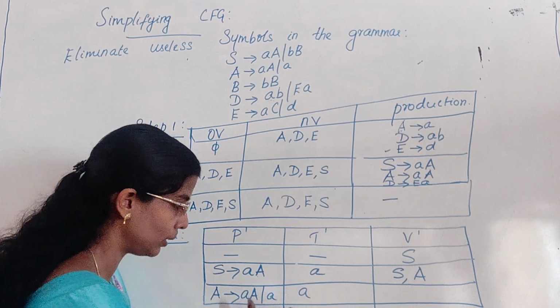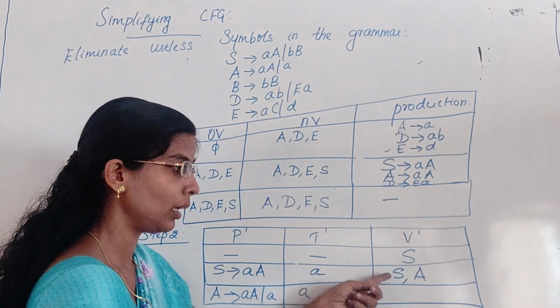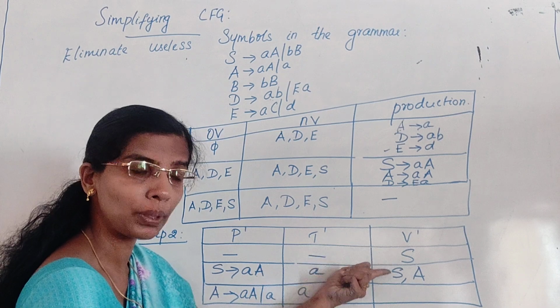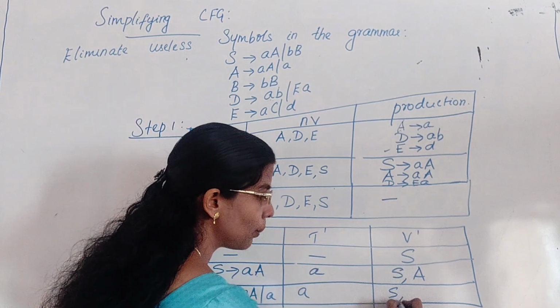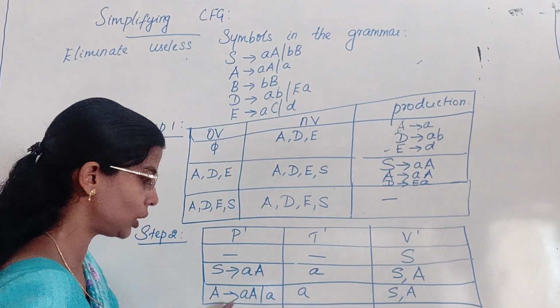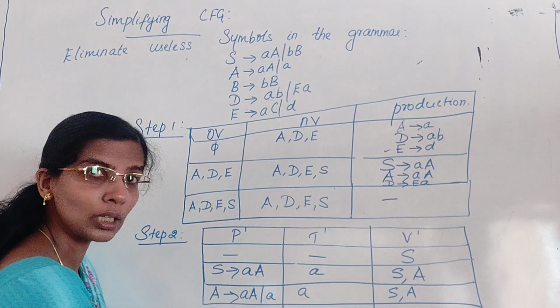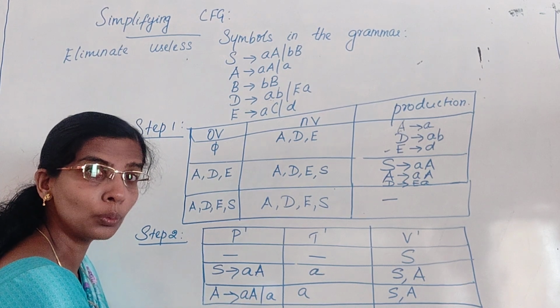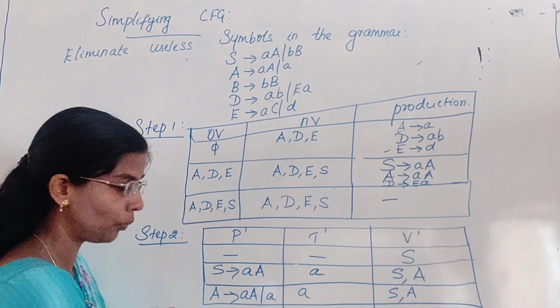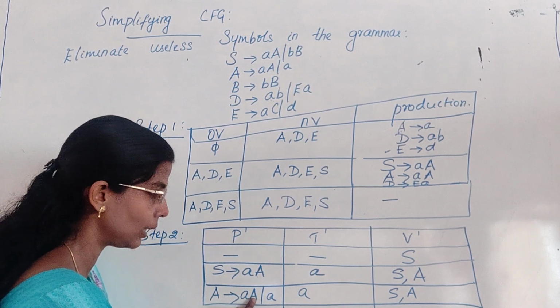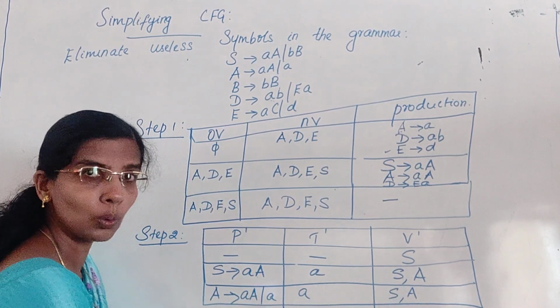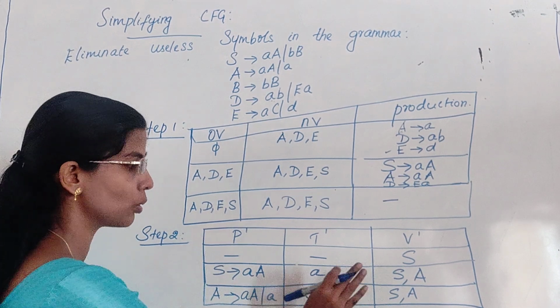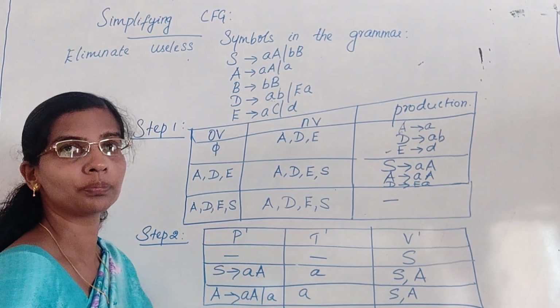I don't have any other terminal. Similarly, copy the variables from the previous row: S, A. Now check whether you get any new non-terminal. You have only A, which is there already. No other new non-terminal, so you can stop with this.